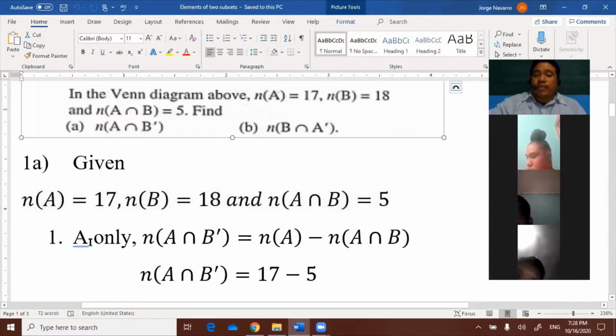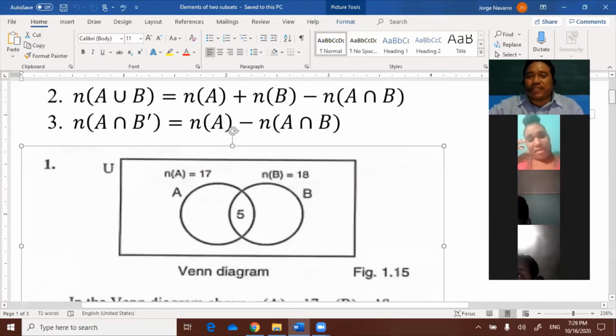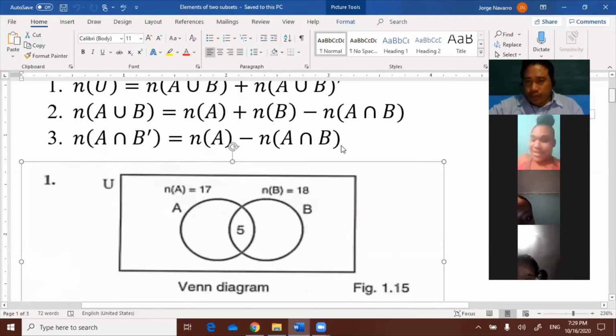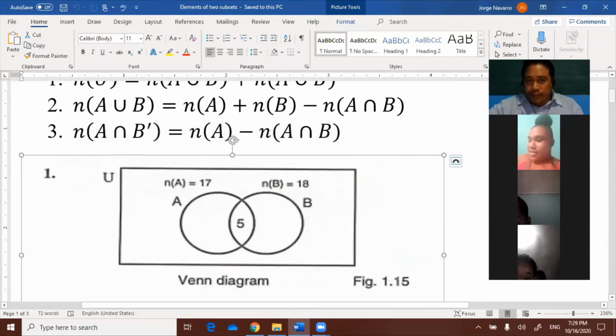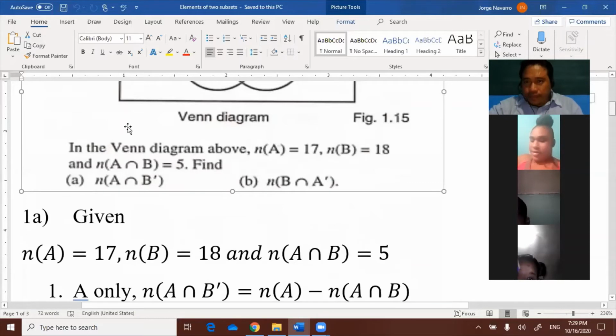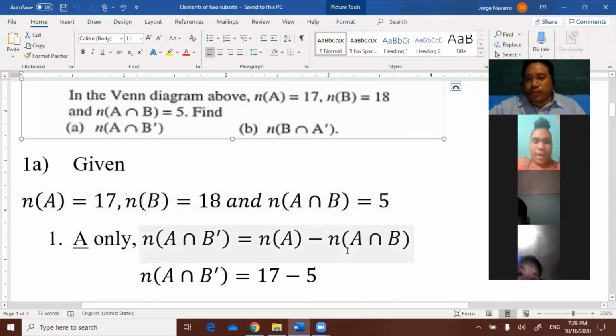So one, we're looking for A only. That is what is meant when we say the number in A intersect B complement. It means A only. And that is equal to the number in A minus the number in A intersect B, from the third formula. So that comes from this formula. We were asked to find the only, and this is the formula that corresponds to that.